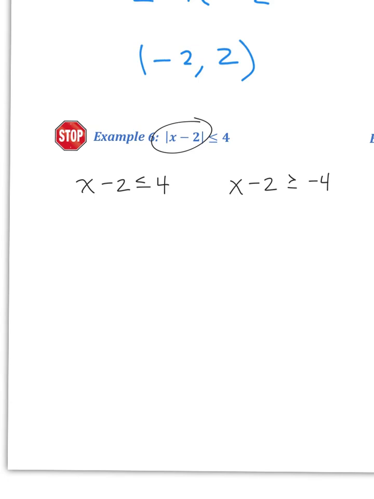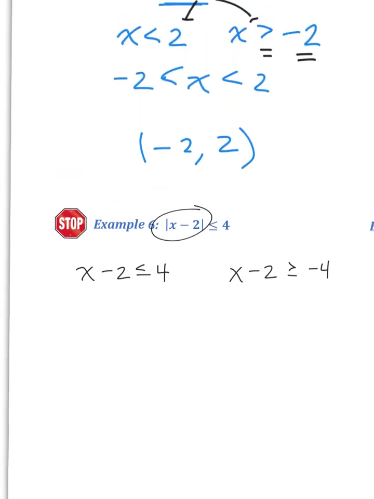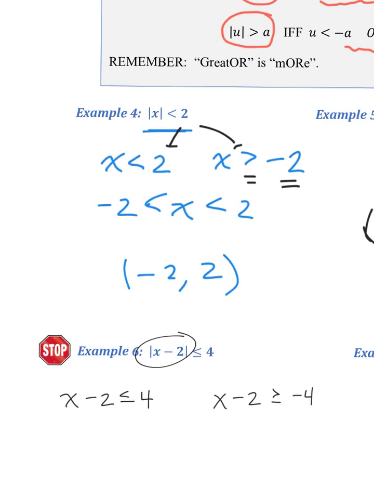If you go back to our example up here, let's think about it in terms of actual examples. What numbers can we plug in that would be less than 2? Well, I could plug in 1, and the absolute value of 1 is 1, and that's less than 2. And I could plug in a negative 1, and the absolute value of negative 1 is 1, and that would be less than 2.